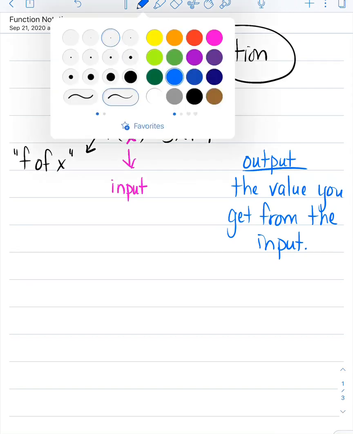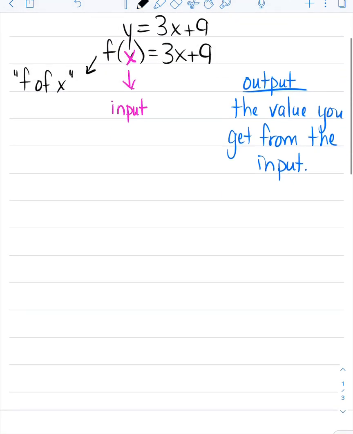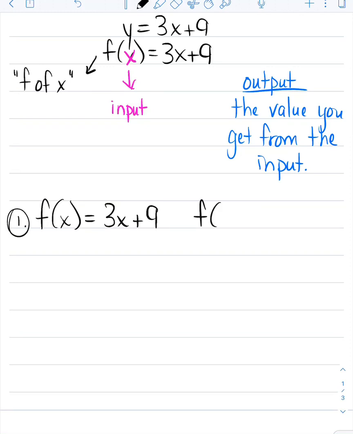So let's practice evaluating functions in function notation. Let's start with the one that we just had. We said that f of x equals 3x plus 9, and I want us to find f of 5. So f of 5 means I substitute 5 in place of every x that I see in that equation.